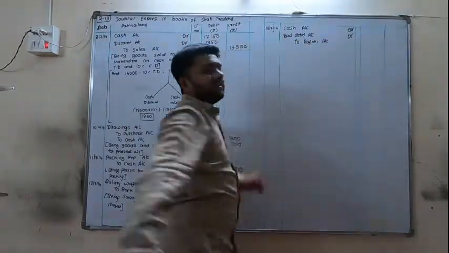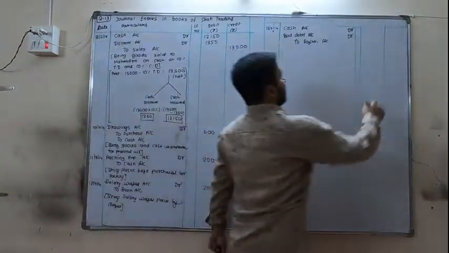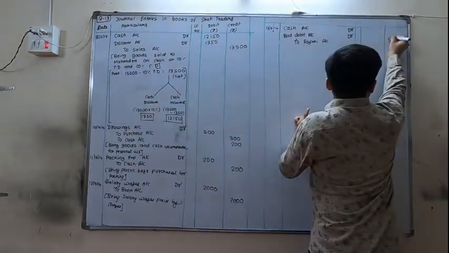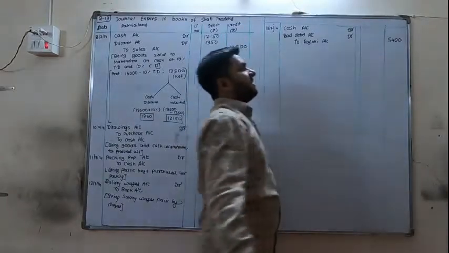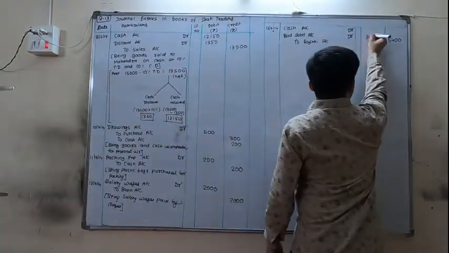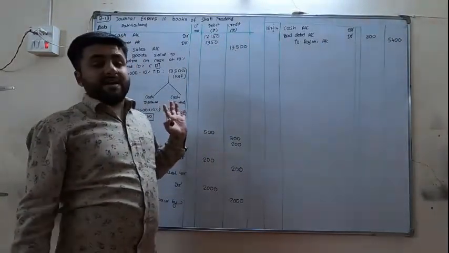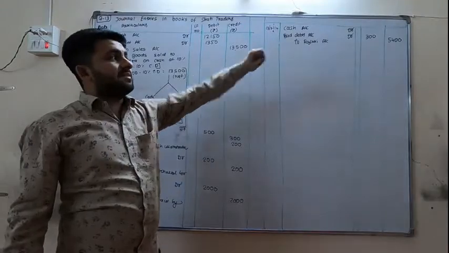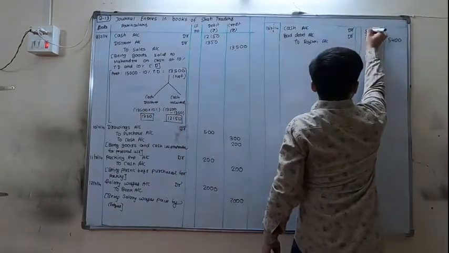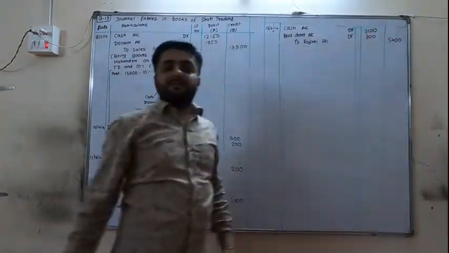Now if you are checking transaction number 6 by going back in the lecture, Rajshri account was debited with 5400, now it is to be credited with 5400. Now as the question is telling that 300 could not be recoverable, that is bad debts, so 300 is bad debts. Now 5400 minus 300 is the amount received, 5100.